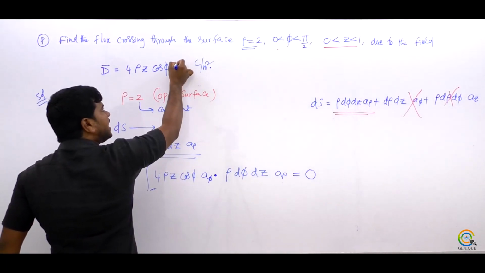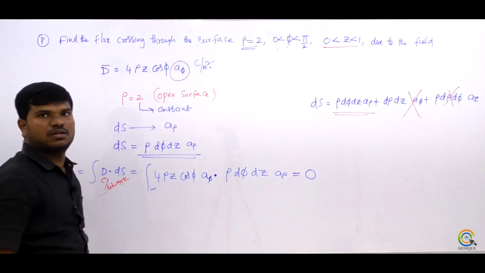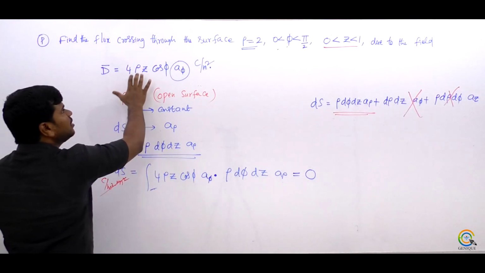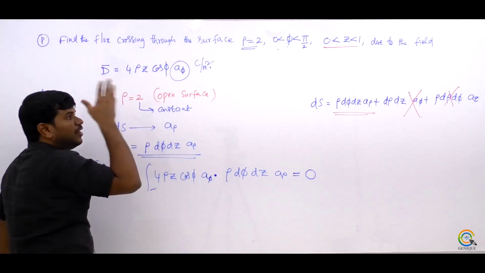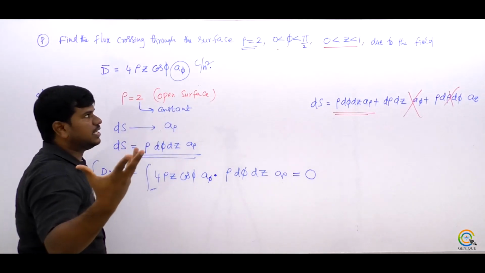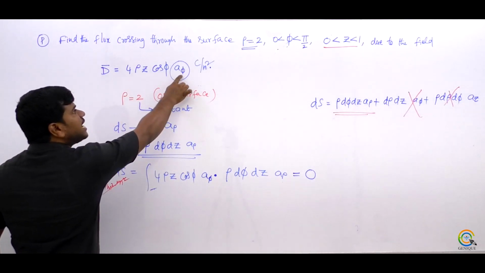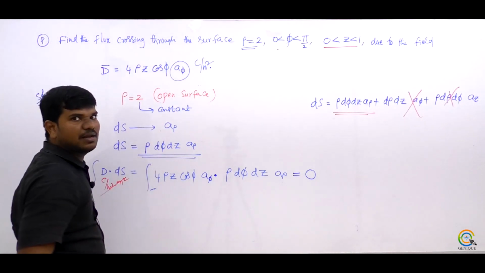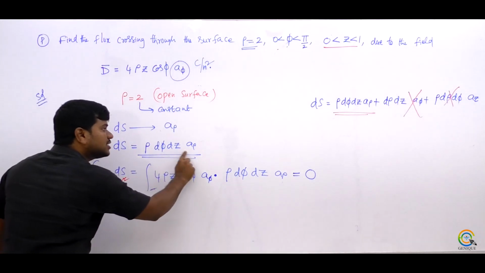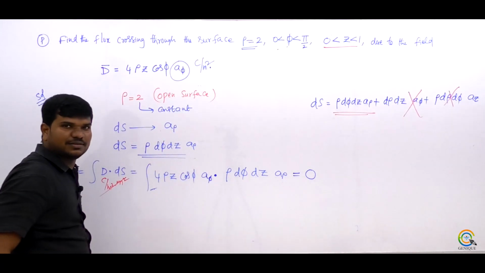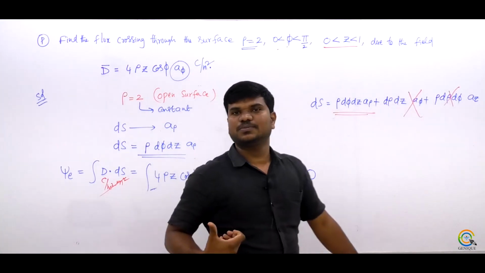So that means the direction plays a very important role. In which direction is the field component present? The field is directed in a phi direction, but you have to calculate the flux crossing this surface in rho direction. So that's why you are getting 0.